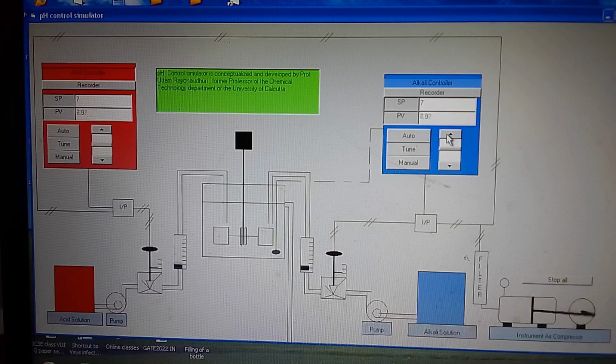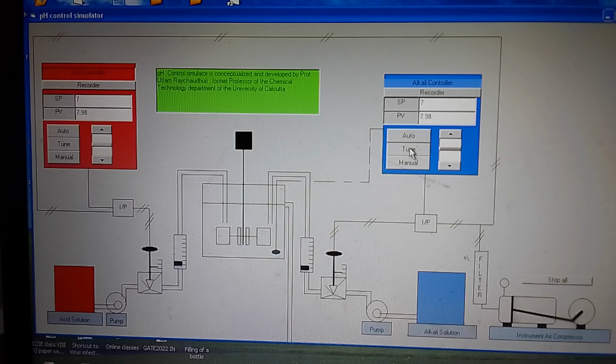So it is fluctuating around 7 plus or minus. So it is quite easy with the help of a controller, two controllers which are manipulating the flow rates of acid as well as alkali, which are mixed, and then the pH is measured and is found to be controlled near about the set point.